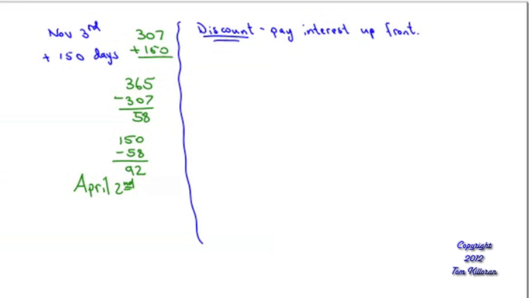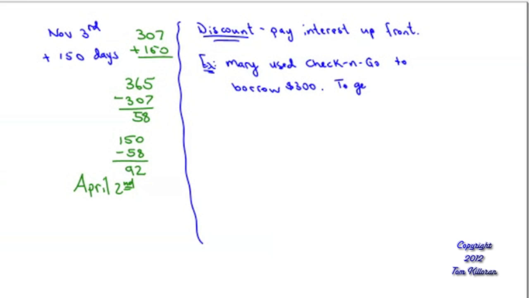Alright, so let's say, for example, Mary used check and go. I think that's what it used to be called, check and go. I don't remember though. Used check and go to borrow $300.